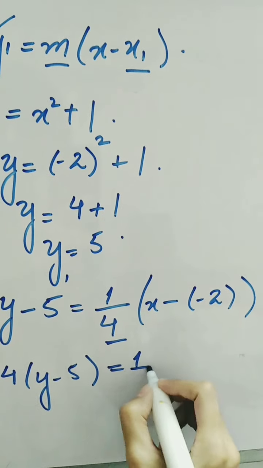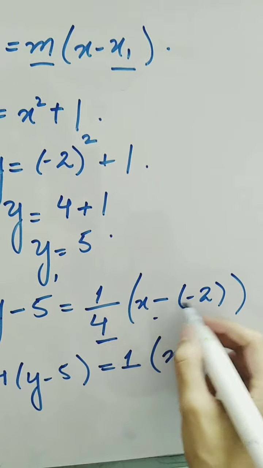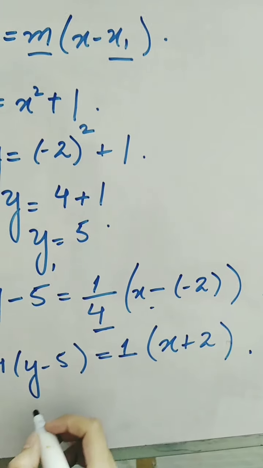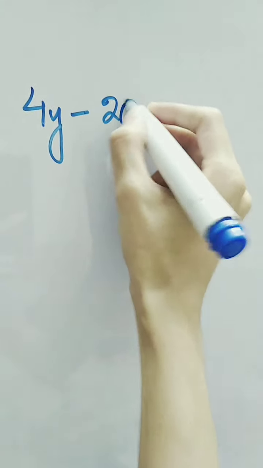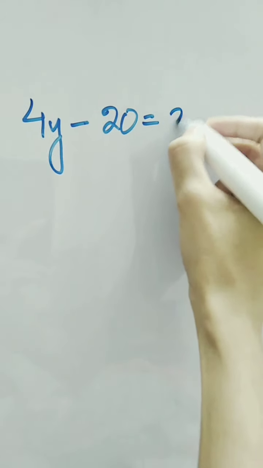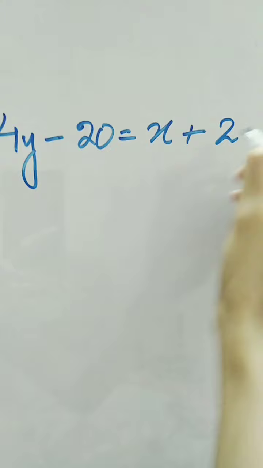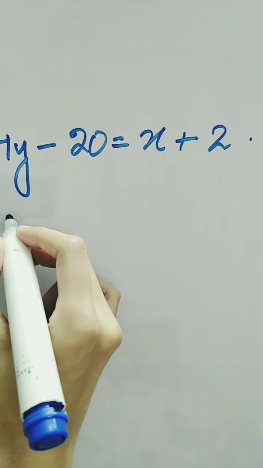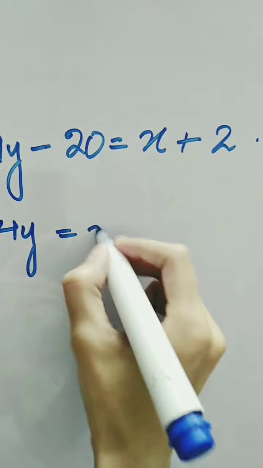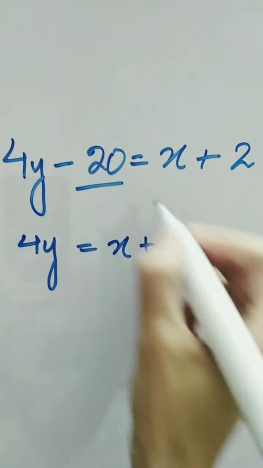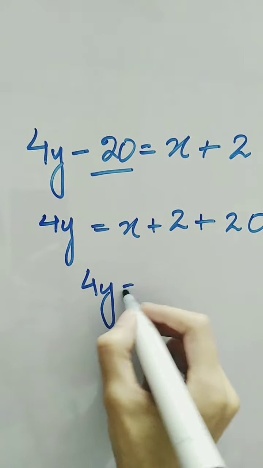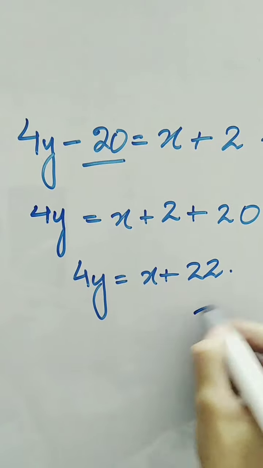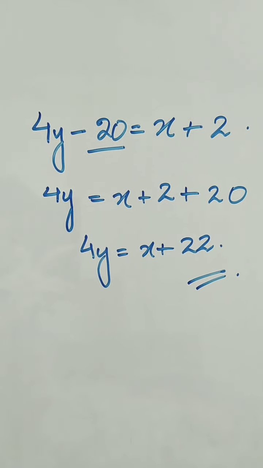Here we have 1 and x minus -2 becomes plus, so we have 4y minus 4 into 5 is 20 equals 1 into x plus 2. Or we have 4y equals x plus 2, and we shift this -20 to the other side, so it becomes +20. Now we have 4y equals x plus 22, and this is our equation.